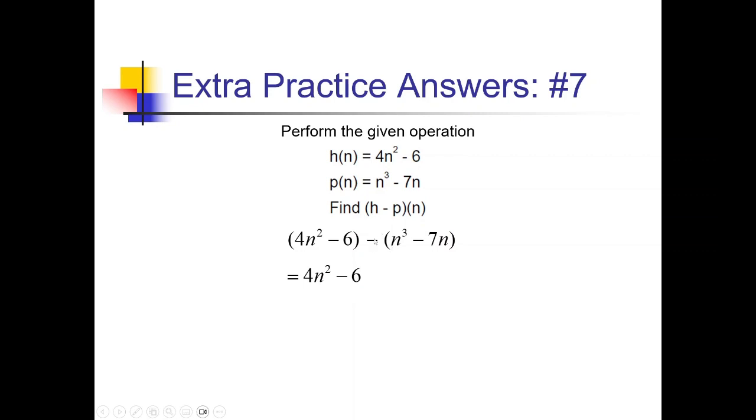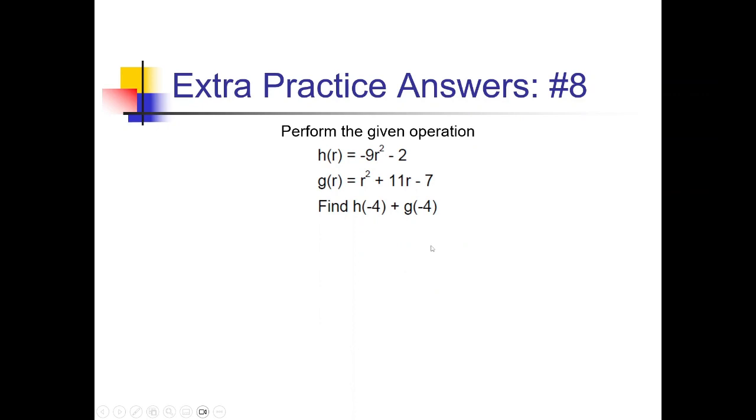The next one, though, I have to distribute this negative. So negative n cubed, and then negative negative is plus 7n. And I've got all like terms combined here. There's no duplicate variables or exponents. However, I can put these in order. So I'll write negative n cubed first, plus 4n squared, plus 7n, minus 6.